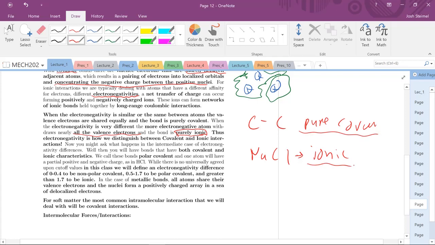We're usually partially, what we call polar covalent. HCl is a good example of this. There are no universally agreed cutoff values, but in this class, if the electronegativity difference between two atoms is between 0 and 0.4, we're going to call this non-polar covalent, basically almost purely covalent. If it's between 0.5 and 1.7, polar covalent. Greater than 1.7, we're going to call that ionic. That's just the cutoff.